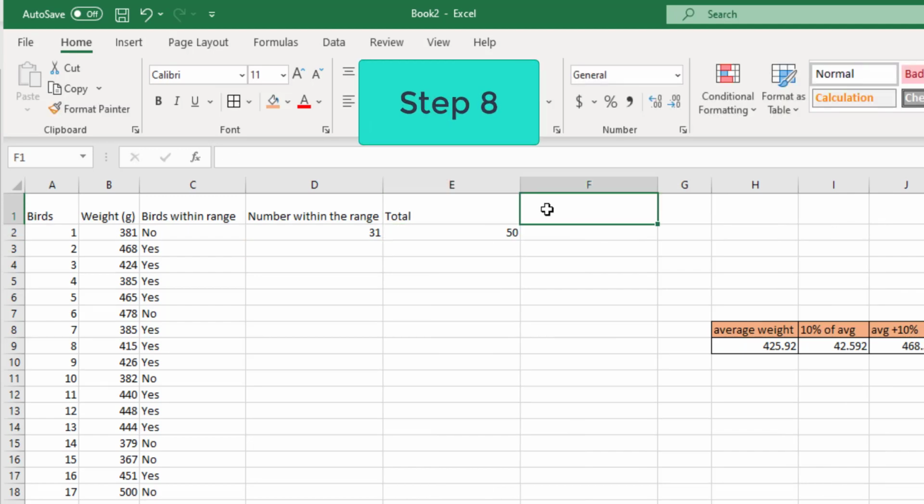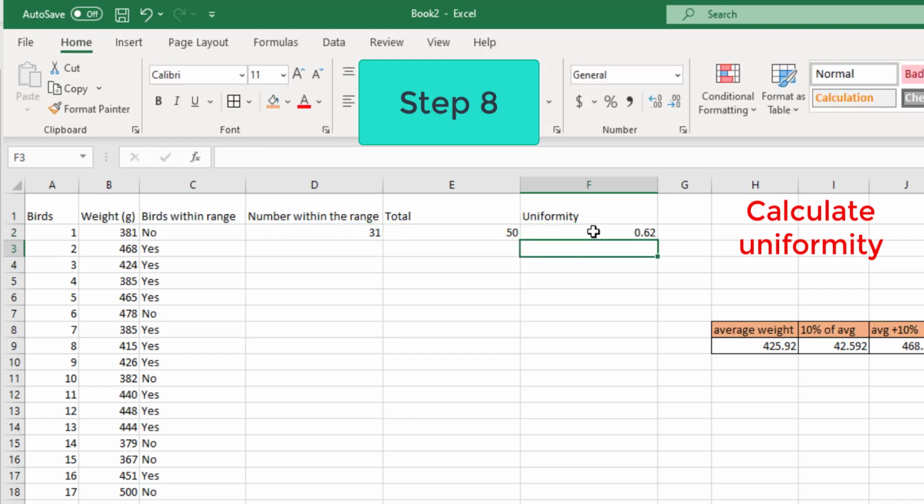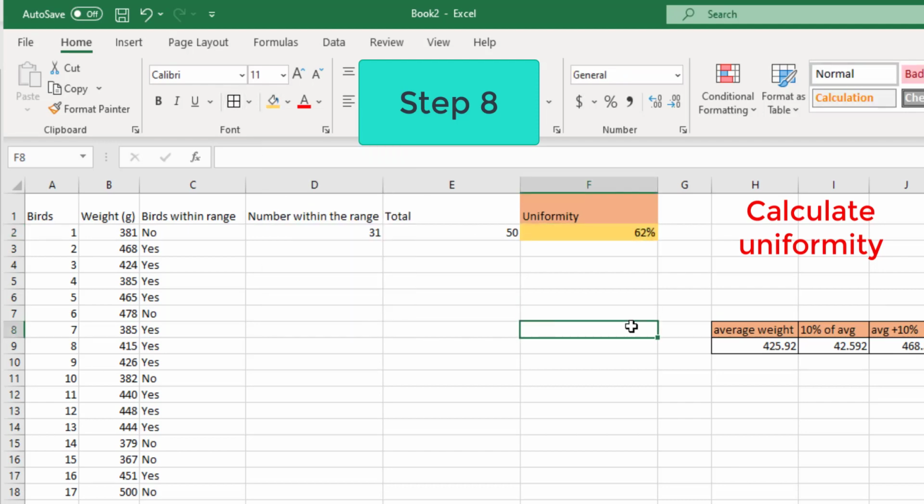Now step 8 is calculating uniformity by using this formula. So we calculate uniformity, that is number of birds within plus minus 10% divided by total birds times 100. Here 31 divided by 50 is 62%. So in our case uniformity is 62% as highlighted here.